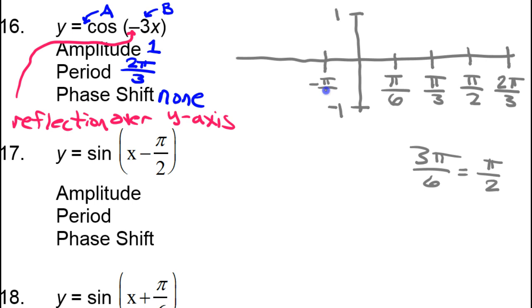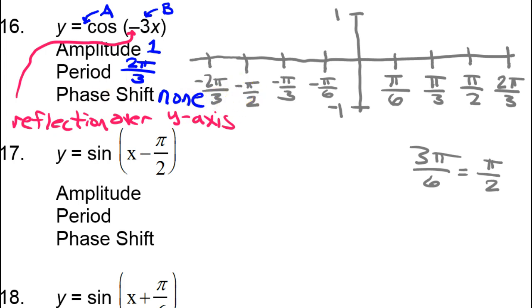So this is negative pi over 6, and this is negative pi over 3, and this is negative pi over 2, and this is negative 2 pi over 3.